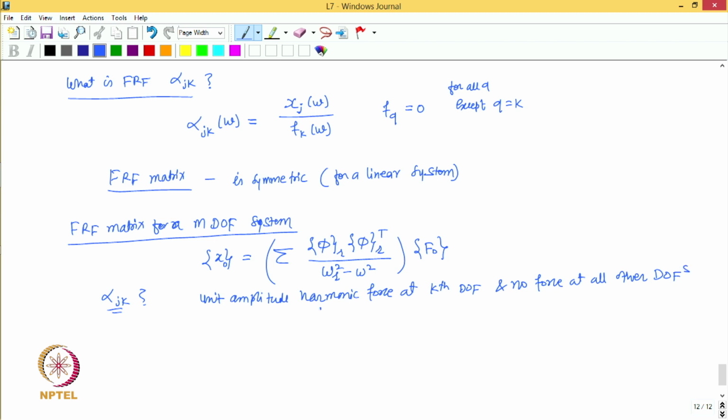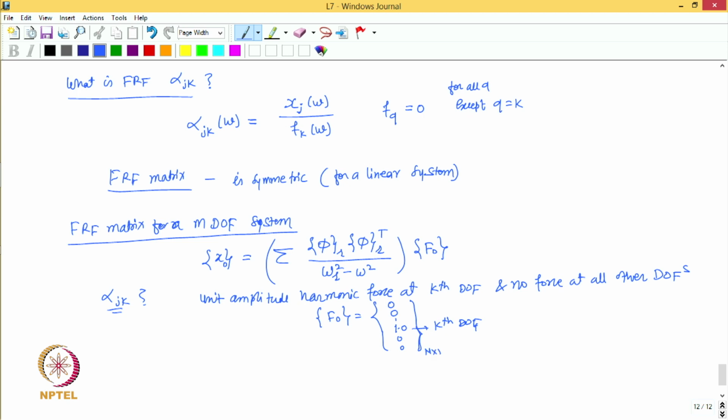If that is so, then what will be f naught? f naught would be simply 0, 0, and then we will have unity, and then 0, 0, all this. So at the kth DOF we have the unity, while at the rest of the DOFs the force amplitude is 0, and this is a vector n by 1.